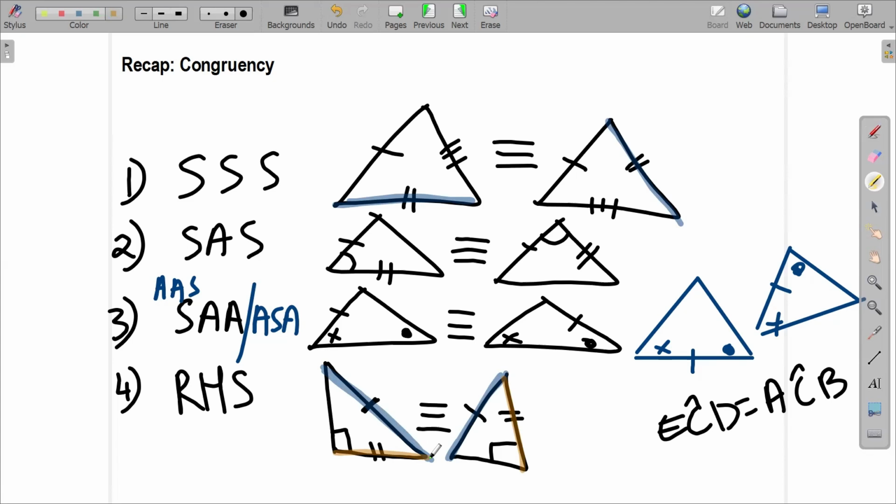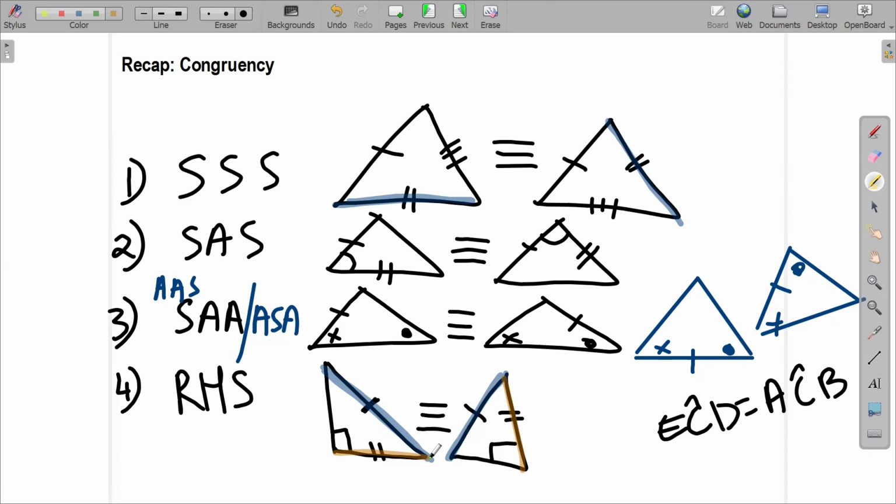So I want to do 2 examples with you again. Unfortunately, I will not go through all the 4 conditions or 4 cases in terms of examples, but one thing that I will definitely do here, and I'll do justice to, is to show you how you could prove that 2 triangles are congruent, and then after that I will show you as well how to use congruency to draw some conclusions.